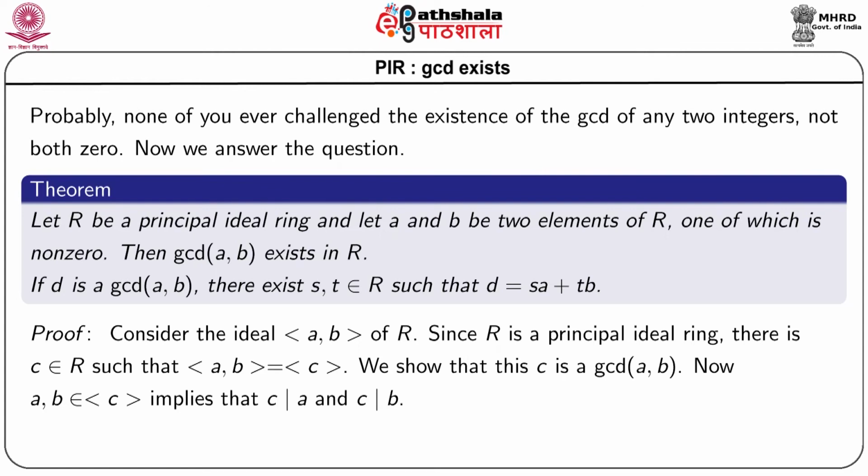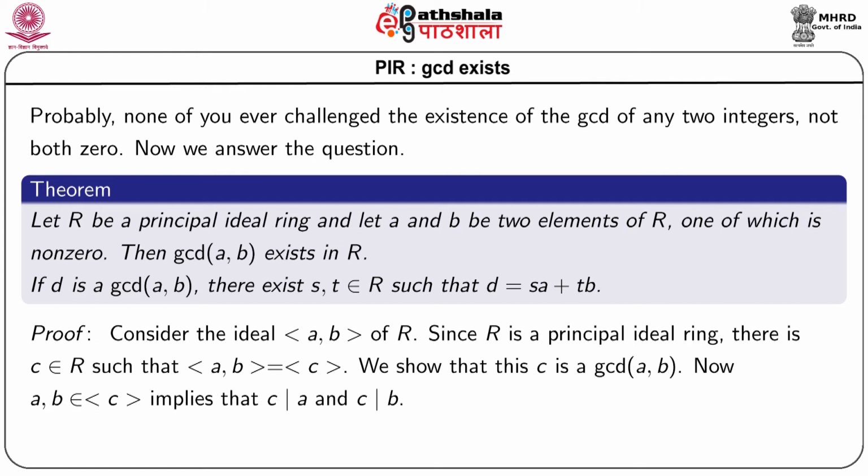A commutative ring R with 1 is defined to be a principal ideal ring if every ideal of R is generated by some single element. For example, Z is a principal ideal ring.